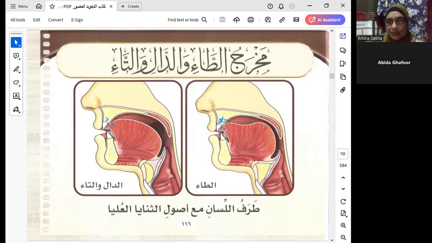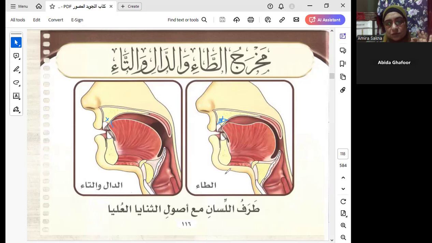So I will repeat: ta, dal, and ta are produced from the tip of the tongue with the alveolar ridge behind the upper central incisor, or tip of the tongue with the alveolar ridge where we have the root of the upper central incisor. All the same, ta, dal, and ta.